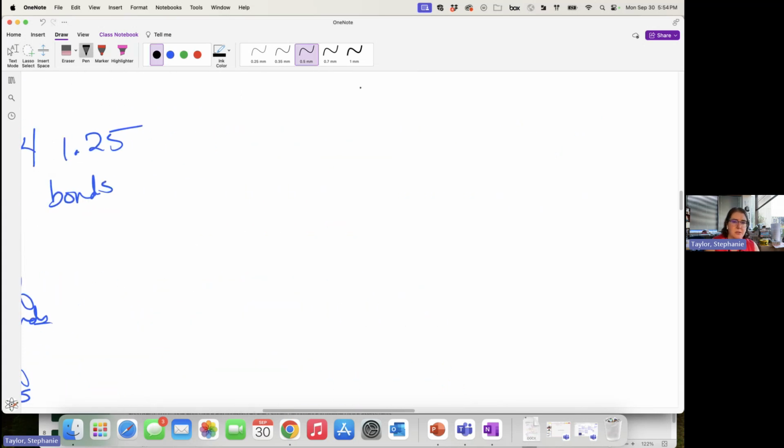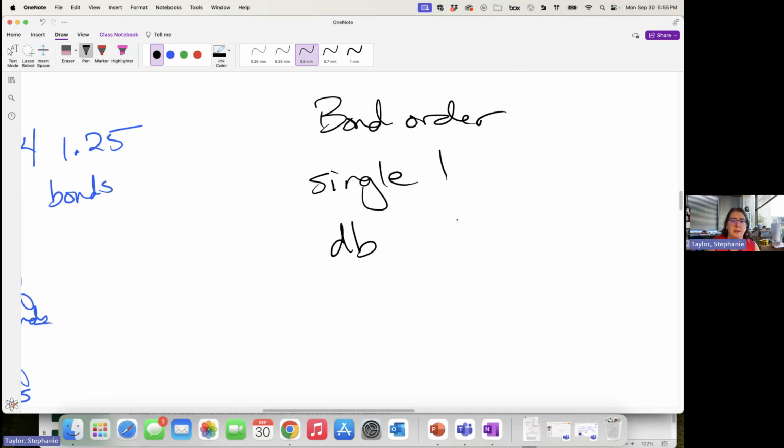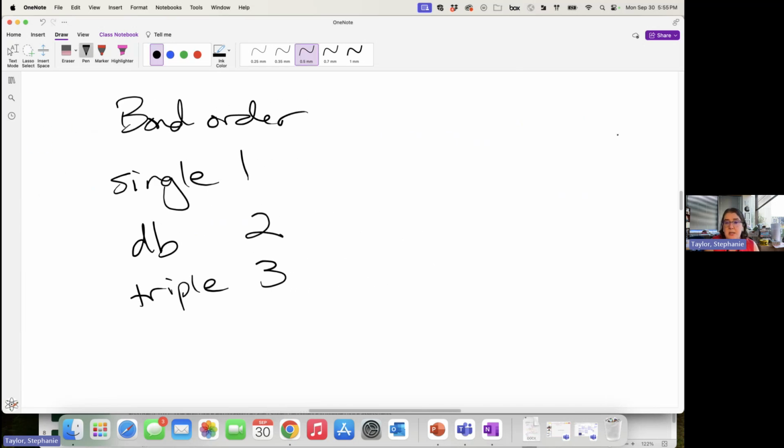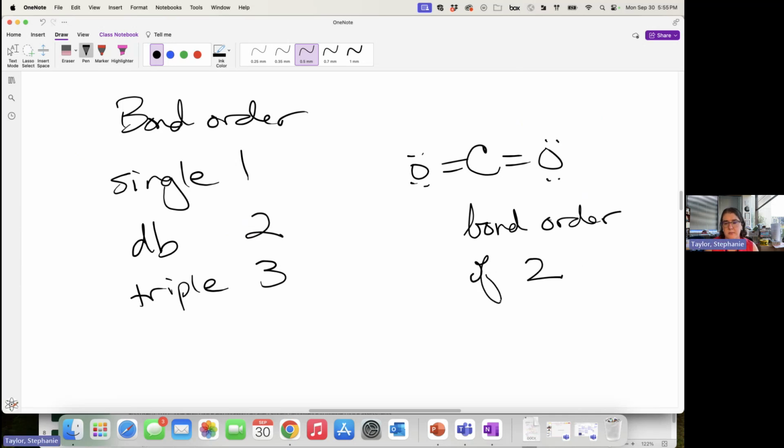The simplest way to do bond order is that a single bond counts as 1, a double bond counts as 2, and a triple bond counts as 3. So you could do simpler examples. Here's carbon dioxide, and because there's only double bonds here, the carbon-oxygen bond has a bond order of 2.